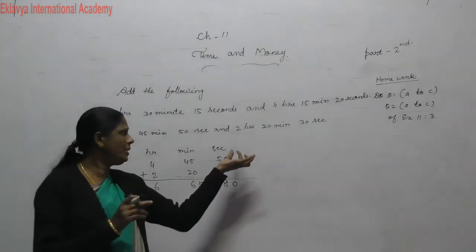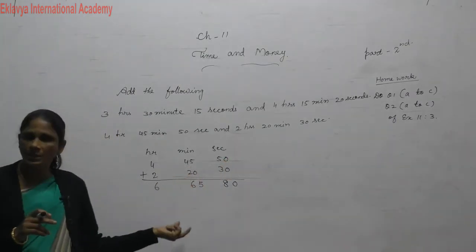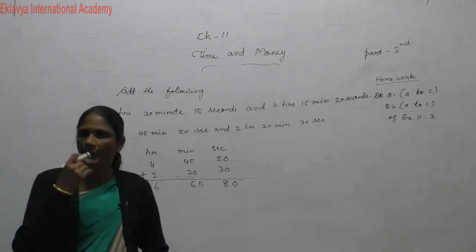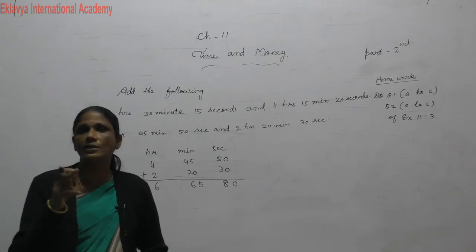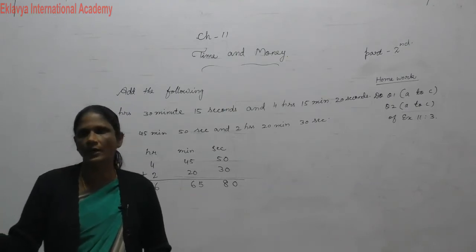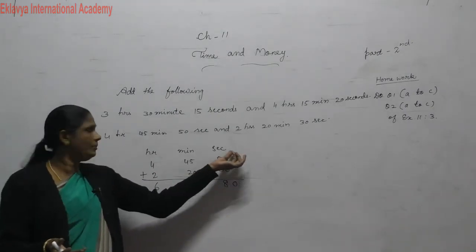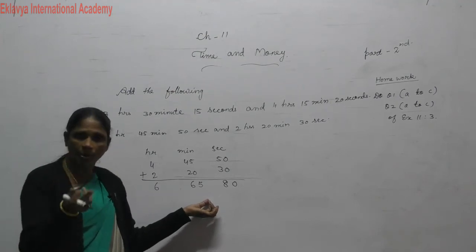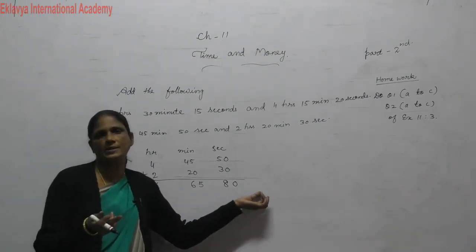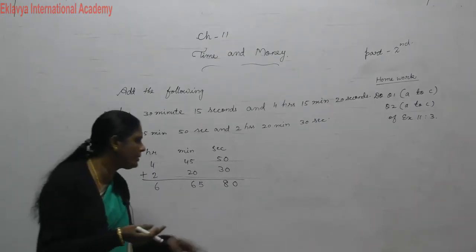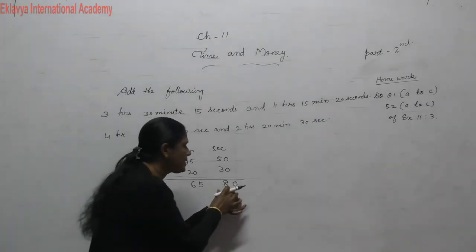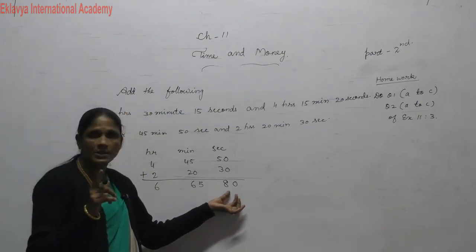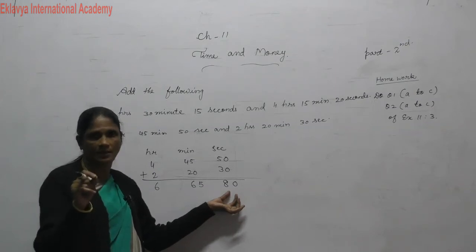When the second column and minute column are 60 or above, remember that 1 minute is equal to 60 seconds. When the second column and the minute column are 60 or above 60, you subtract. Why do we subtract? We subtract 60, because 1 minute is equal to 60 seconds.